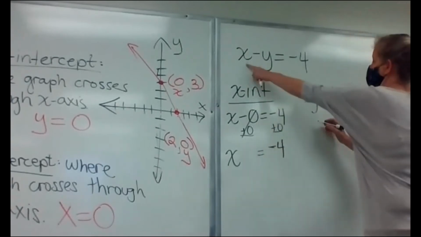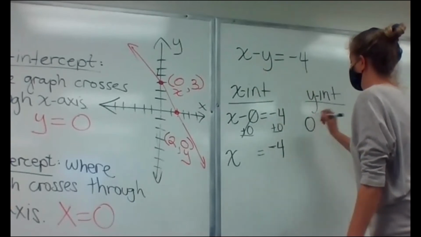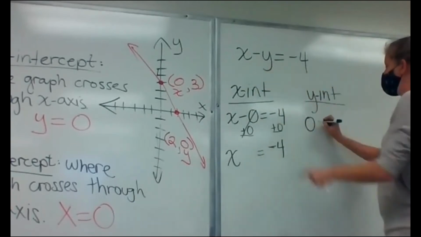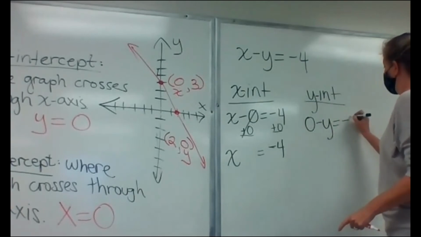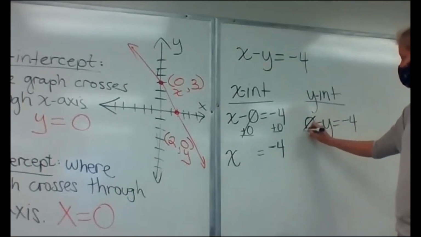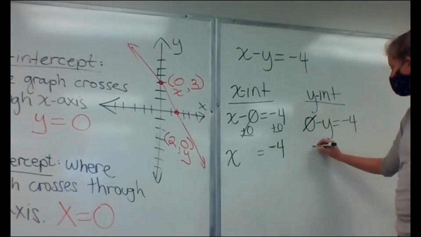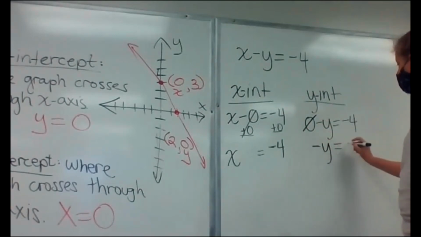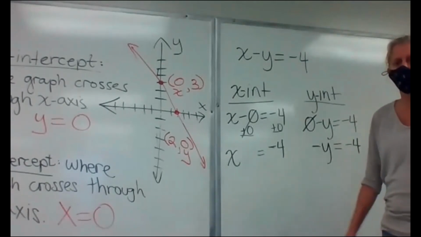Well, if x is 0, I'll have 0 minus y equals -4. Well, 0 is just nothing, but be careful. I still have -y equals -4.